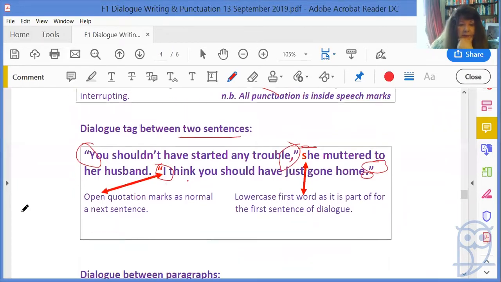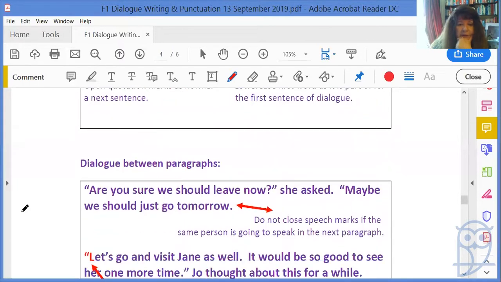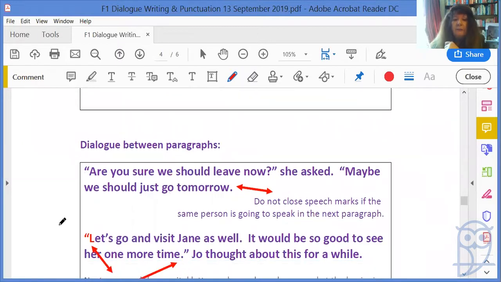Right. And then finally, we've got some dialogue between paragraphs. Okay, this might be the end of the paragraph, and then we're going to start a new paragraph with that particular sentence there. "Are you sure we should leave now?" she asked. "Maybe we should just go tomorrow."